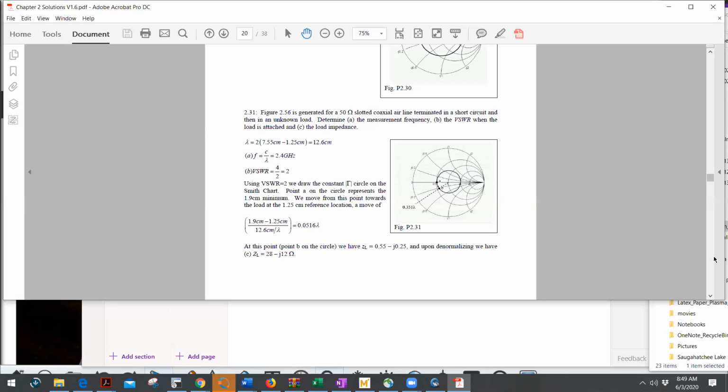Give me one second. Professor, the term stub means when we use like a transmission line instead of an actual capacitor or inductor, correct?